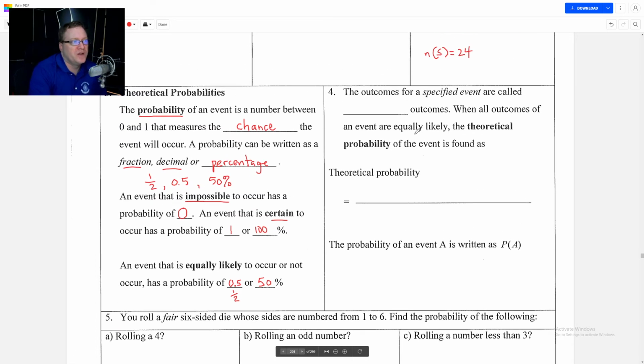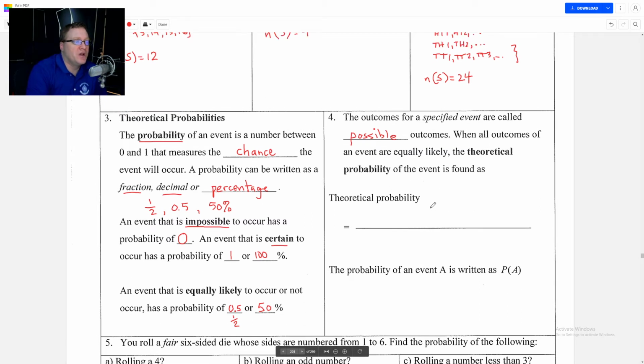Okay. Now let's move on to the next part. It says the outcomes for a specified event are called possible outcomes. They are all the things that could possibly happen in that event. When all outcomes of an event are equally likely, the theoretical probability of the event is found as follows.